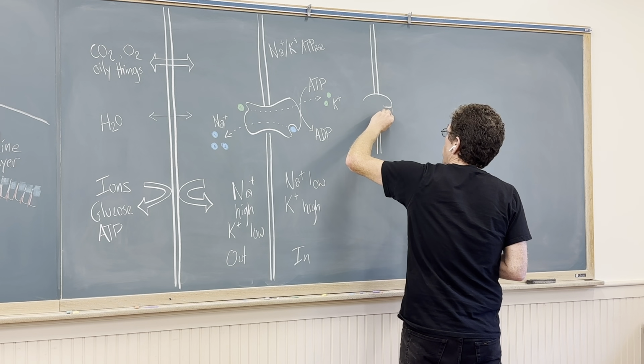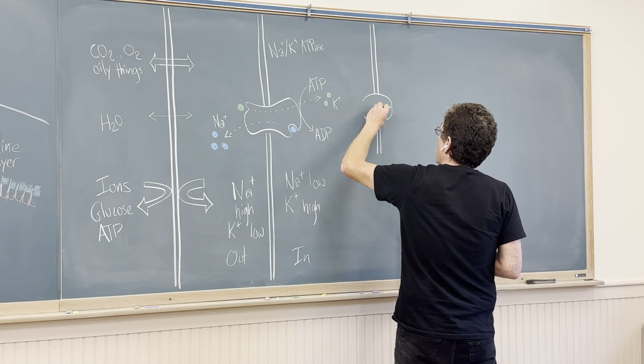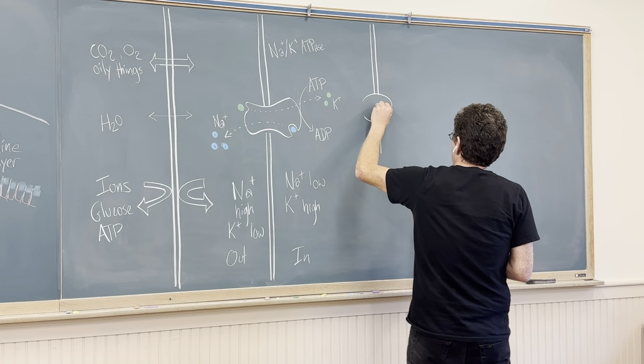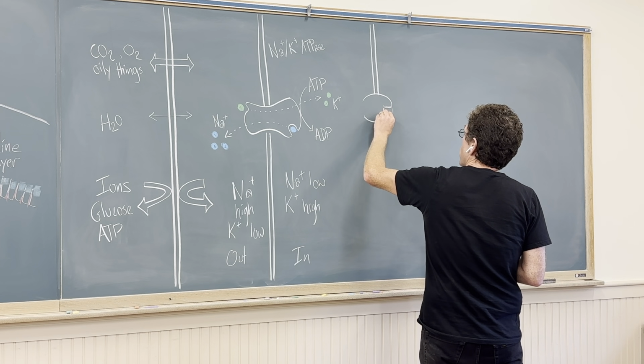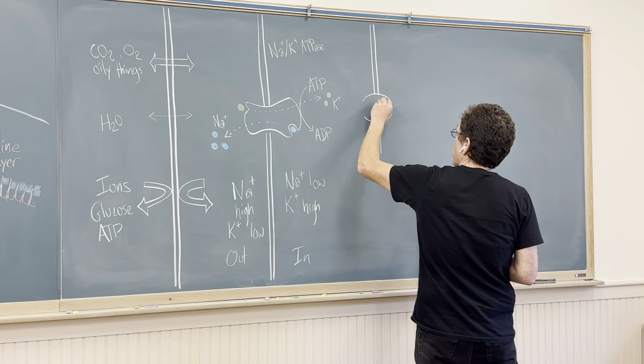However, for example, in your intestinal cells, where the epithelium of the intestinal wall might want to take up, say, dissolved sugars, such a protein might have a sugar binding site facing the outside world, and also a sodium binding site.